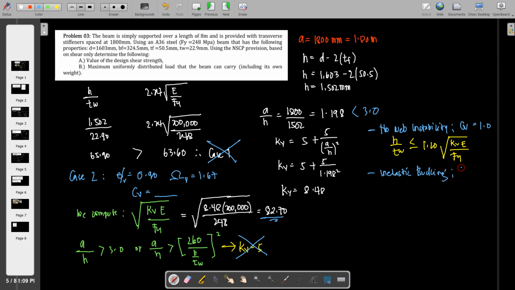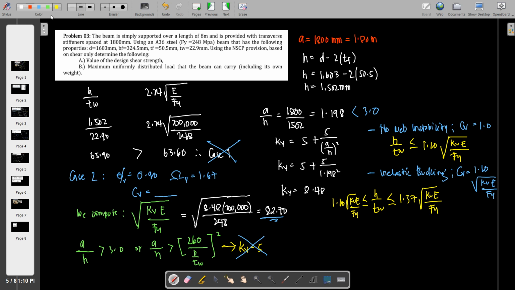Where CV is equal to 1.1 times square root of KVE all over Fy, provided that HTW is greater than this expression, square root of KVE all over Fy, but not exceeding 1.37 square root of KVE over Fy.